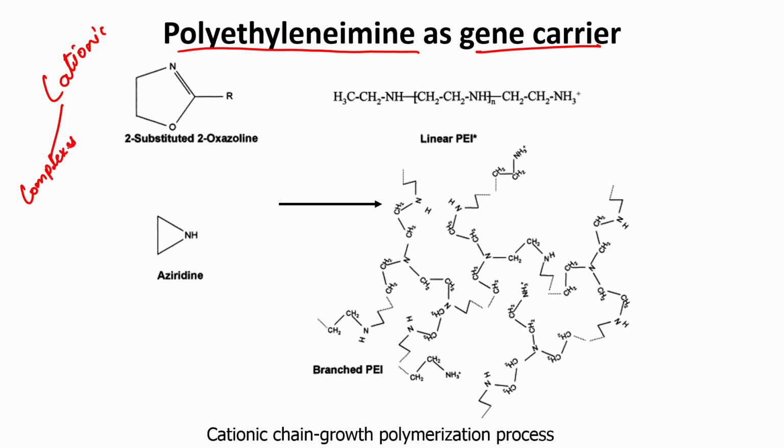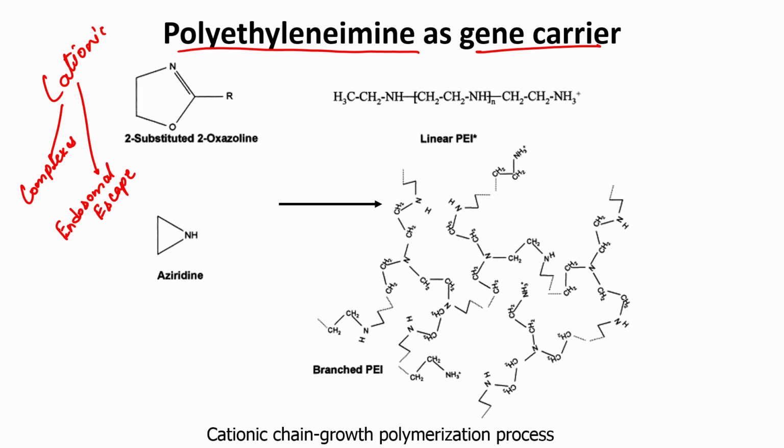So, at the right ratio you will get different size particles and you can choose what size you want. And then the second is that since it is so cationic and contains lots of primary, secondary and tertiary amines, it helps in endosomal escape. So, that is what we discussed.